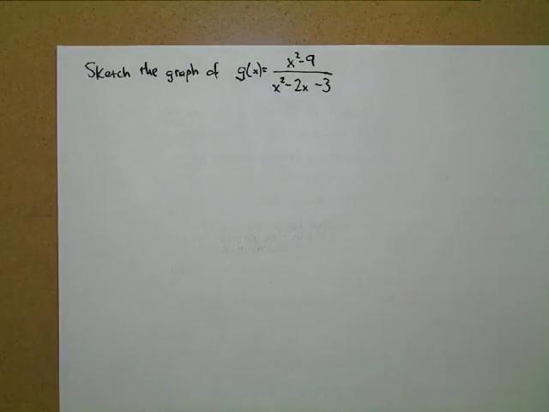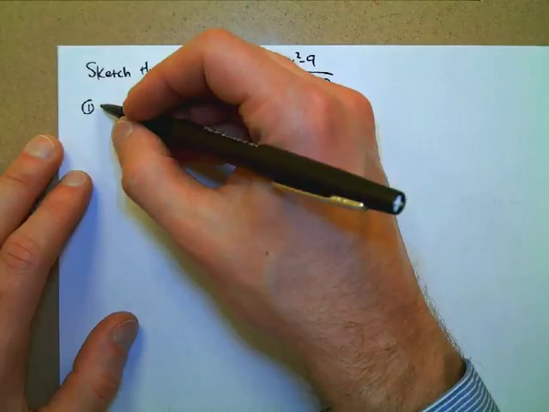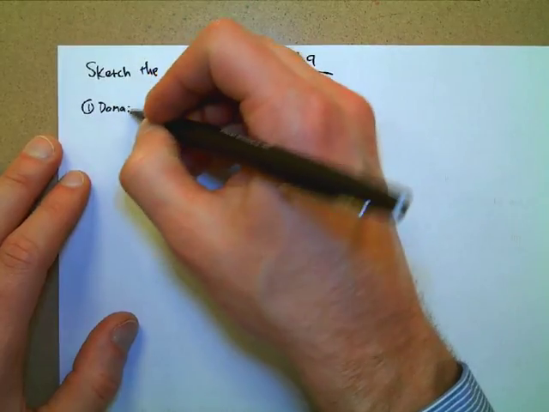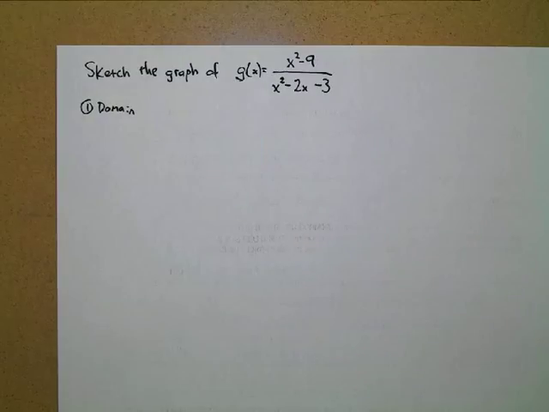What are we going to need to do with our function here before we start trying to find the domain? Like if you look here at the denominator, what's that? Find the x values that give us 0 in the denominator. The problem is though that denominator, it's not factored. Right? That x squared minus 2x minus 3, we have to factor first. Okay? So we're going to factor this first.